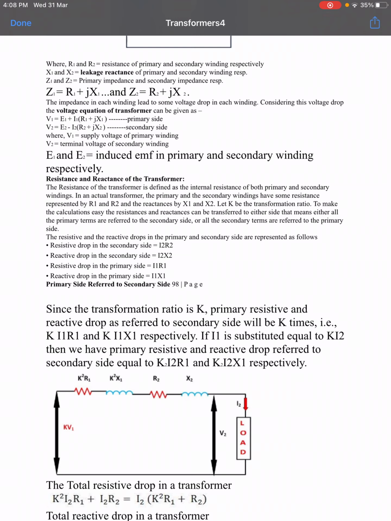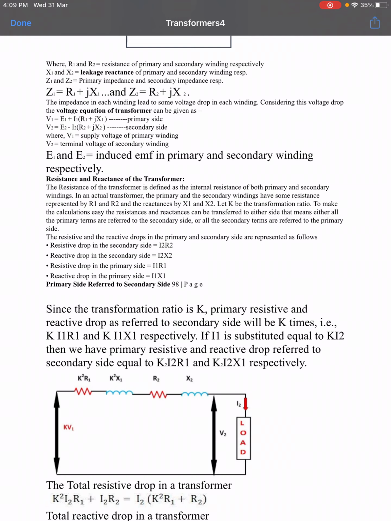If I1 is substituted equal to K I2, then the primary resistive and reactive drop referred to the secondary side are K square I2 R1 and K square I2 X1. So we'll get the diagram: K square R1, K square X1, R2, X2.